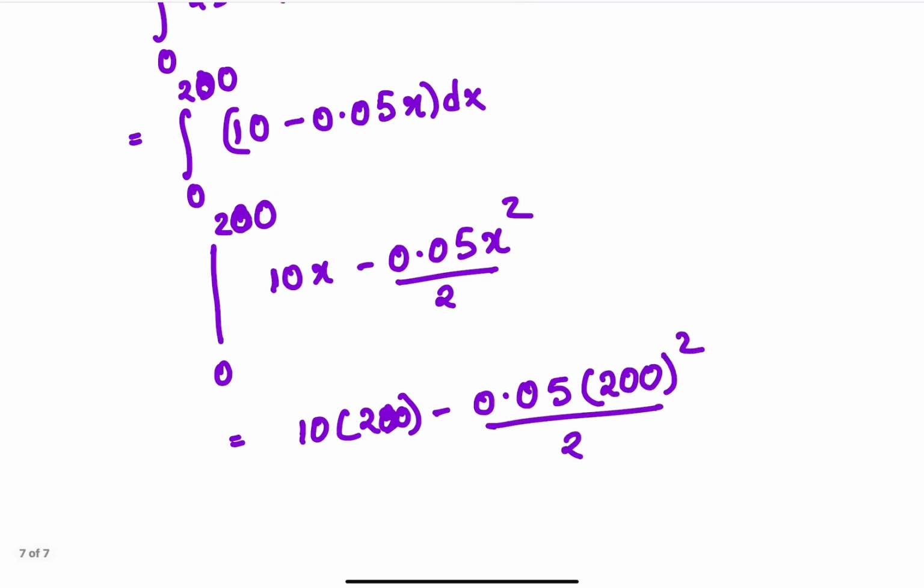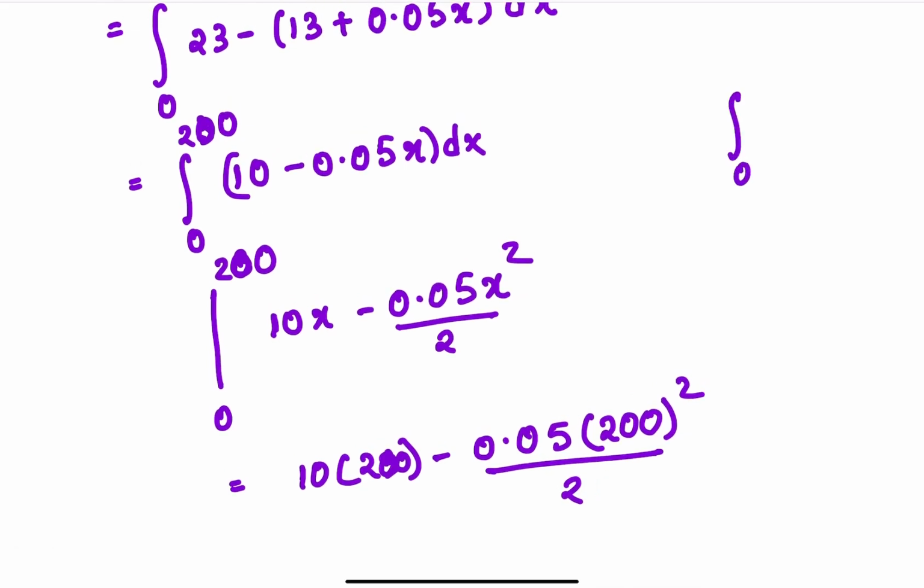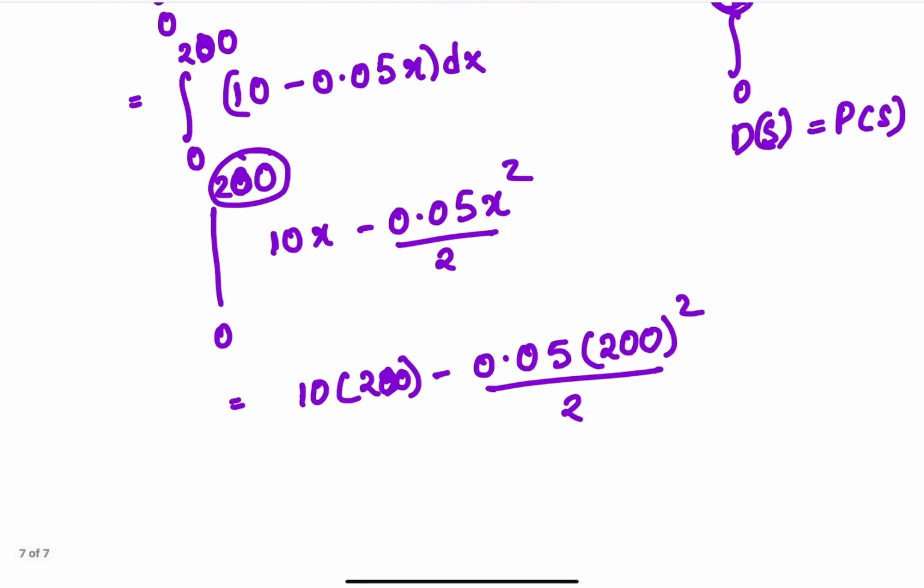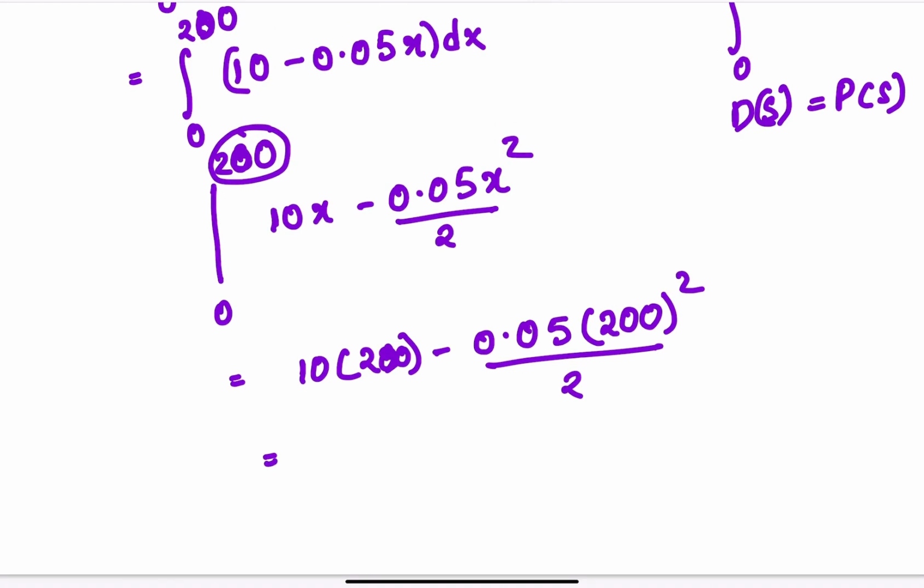Again, remember, it's from 0 to x bar, which is your current demand, and your current demand is 200, and you found that by equating your consumer surplus and your producer surplus. Don't forget that. And when I plug this into the calculator, I end up with 1,000.